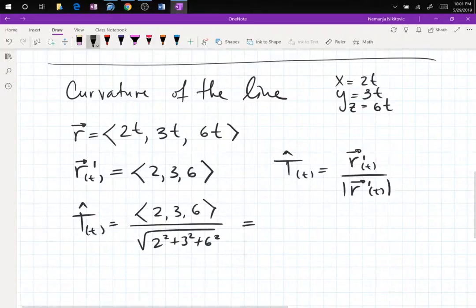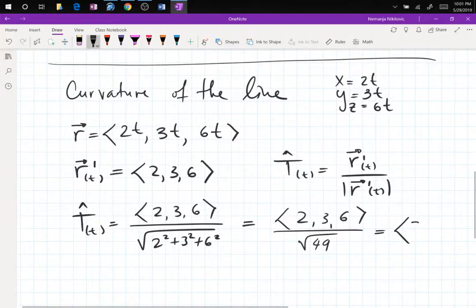This is equal to 2, 3, 6 divided by, what is this? 4, it's 49, right? Yeah. Square root of 49. This is all planned. So we have 2 over 7, 3 over 7, 6 over 7.